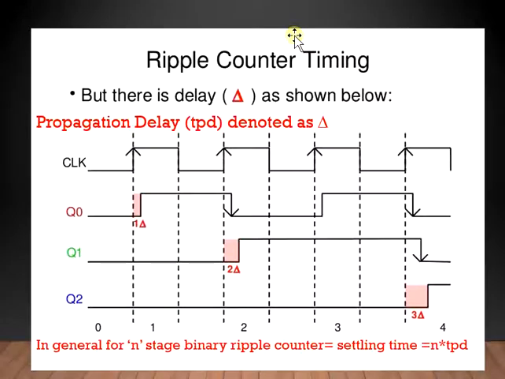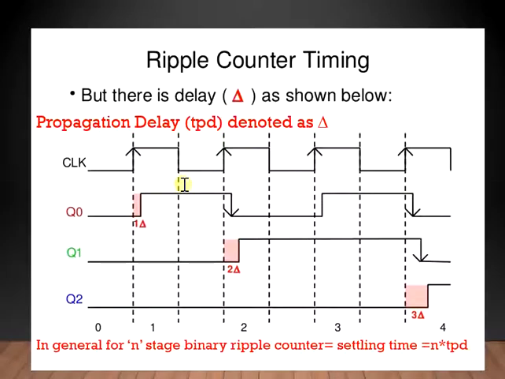You can see I have denoted the settling time or the propagation delay in this case as TPD. If I am considering the n-stage binary ripple counter, the settling time or the propagation delay that would be required will be n into TPD, that is n times the total propagation delay.